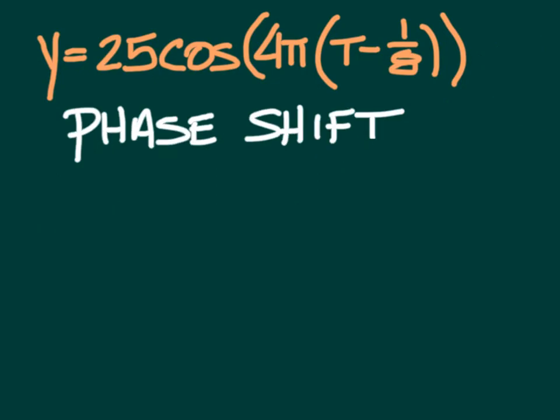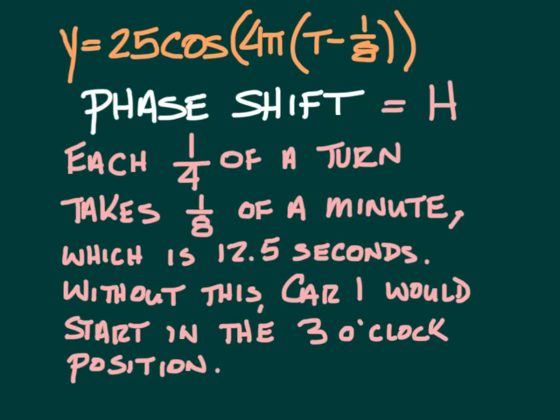The phase shift. What does this mean here? What does the phase shift do to a function? Moves it left or right, yes. And in terms of the problem that we're doing here, here's what the explanation is. It means that each 1/4 of a turn takes 1/8 of a minute, which is 12.5 seconds.